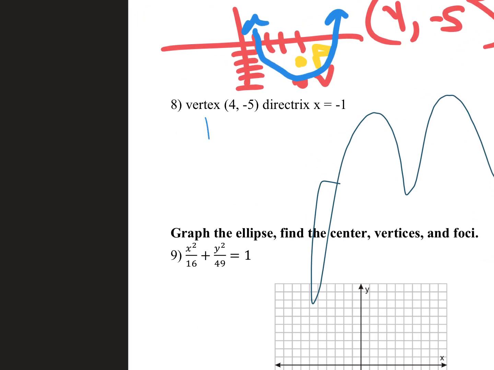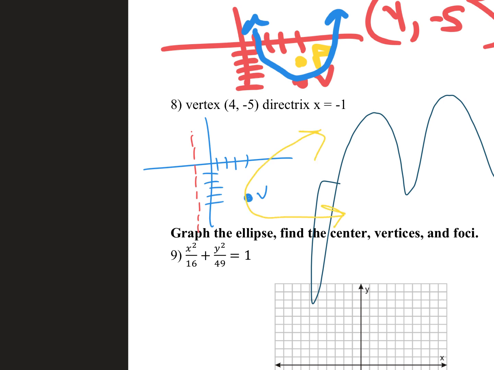All right, so let's plot our vertex. 4, negative 5. And my directrix is at x equals negative 1. Well, over here is x equals negative 1. So think about this, guys. If you have a directrix where x is negative 1, you open towards the focus and away from the directrix.